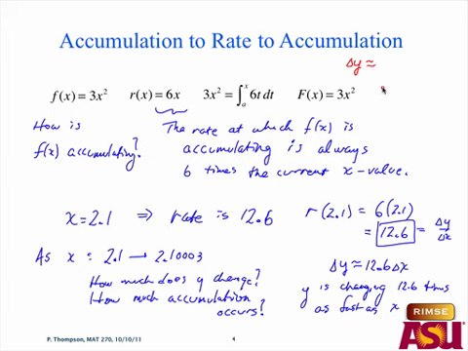Let's see, somebody new. Richard, did you make any progress on this? What is the rate at 2.1? So if the rate of change is 12.6, that means the accumulation is changing 12.6 times as fast as the change in x.